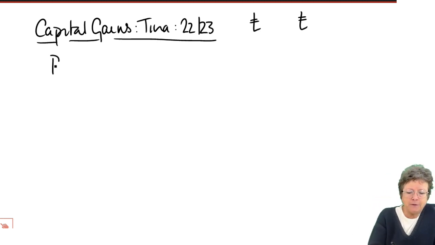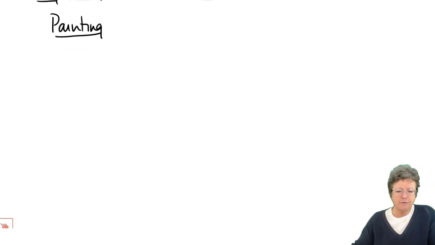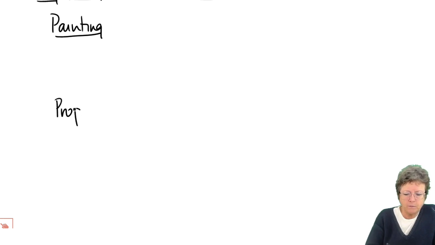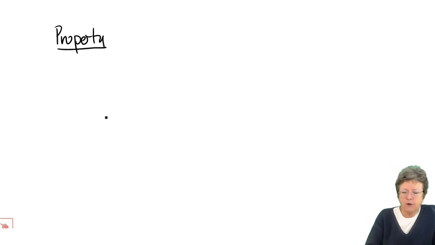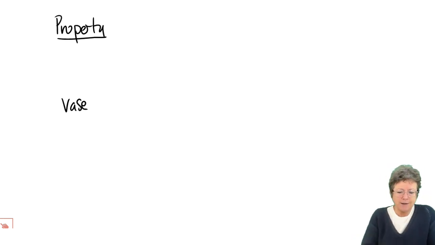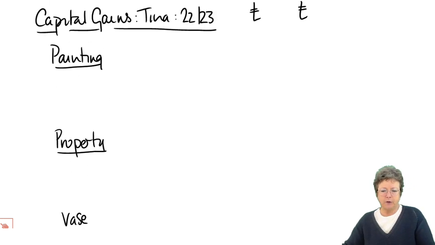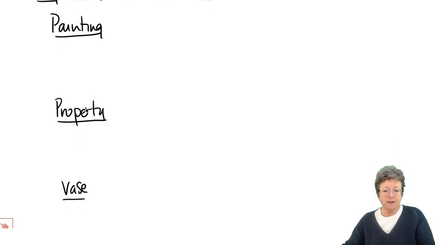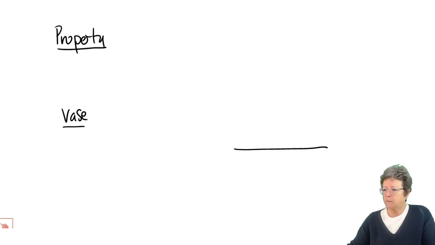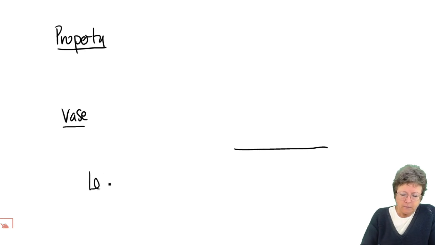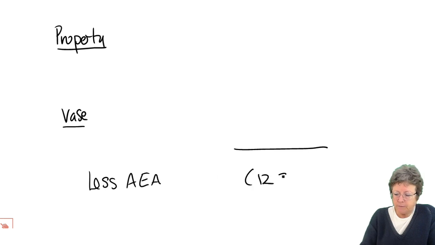Now, we have a painting. We have a property. And we have a vase. Now, all of those assets, where's my pound signs? There they are. Need to be calculated. But we also have the annual exempt amount, which we can now put in there.